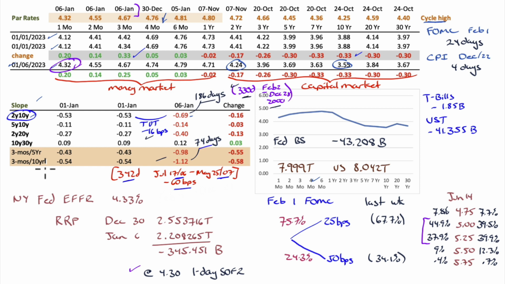For one thing to be a causal factor, you would have to have an inversion of the curve, which would then change behavior in one of the components of GDP. C plus I plus G plus X minus M. Well, it's hard to make an argument that an inverted yield curve will change your trade balance. So we can get rid of that one.